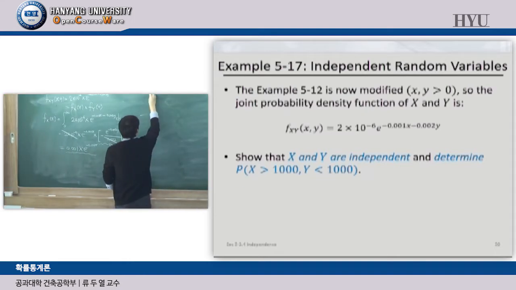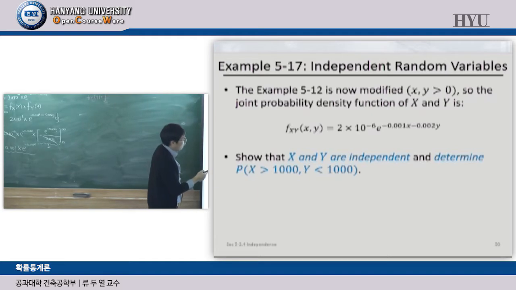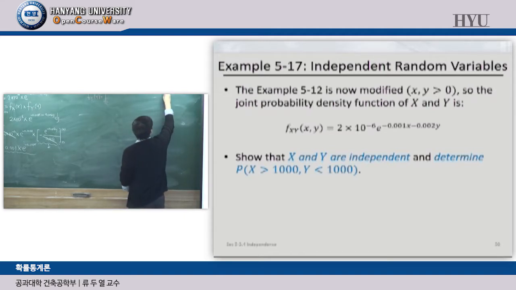And the marginal probability density function of y is equal to the integration from x to infinite, right? Why? Because the example is now modified, which means that x, y is larger than 0, and this relationship is eliminated.